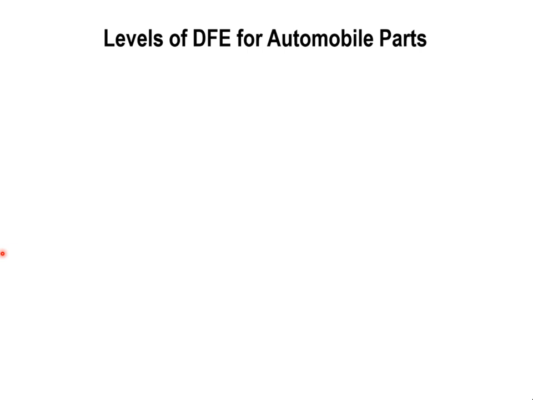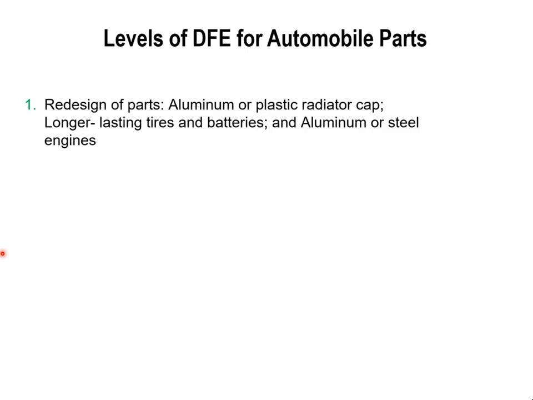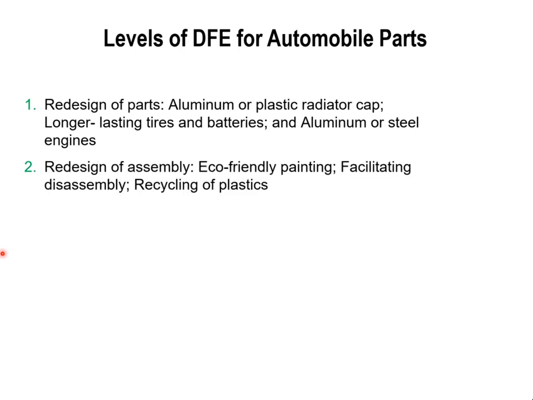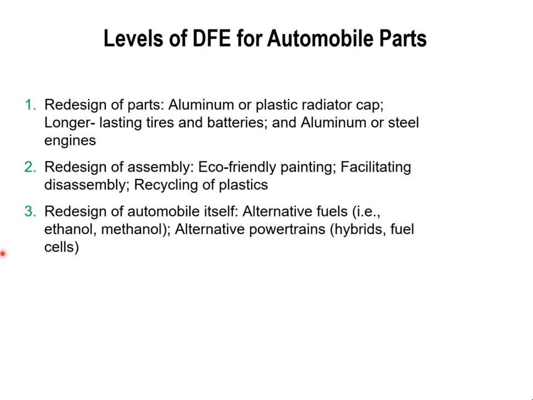Now, we're going to look at the levels of the DFE for automobile parts. First, redesign of the parts, like using the aluminum or plastic radiator cap, longer lasting tires and batteries, and the aluminum or steel engines. Second, redesign for the assembly. You can look at eco-friendly painting or facilitating the assembly and recycling of the plastics.